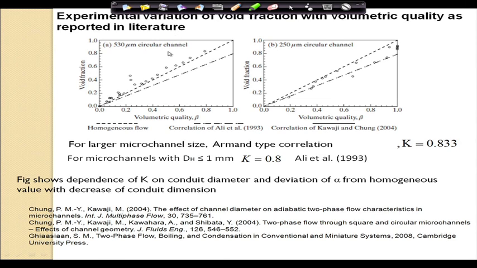If we take larger microchannels, say 530 micrometer and 250 micrometer, whose results have been reported in literature, the void fraction has been determined by image analysis and photography, and is conventionally represented as alpha versus phase superficial velocity.